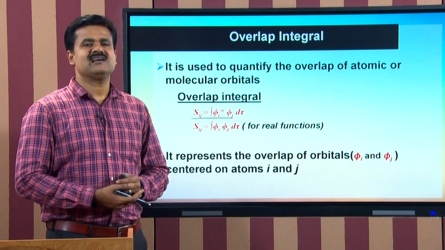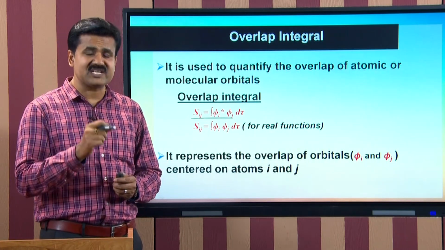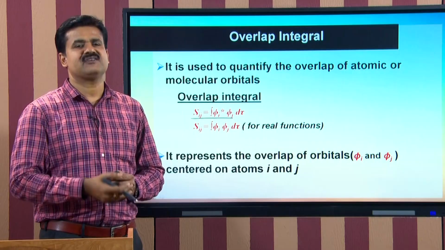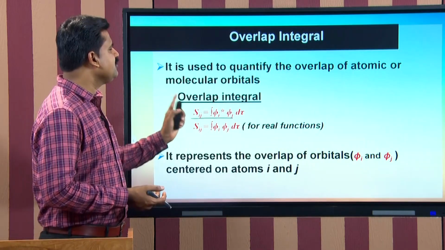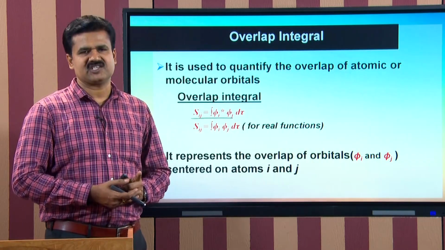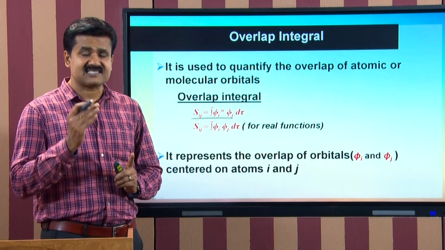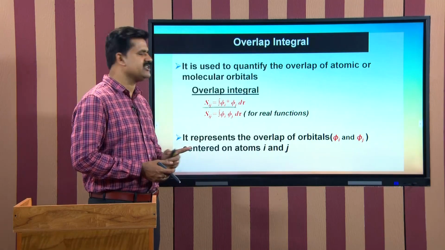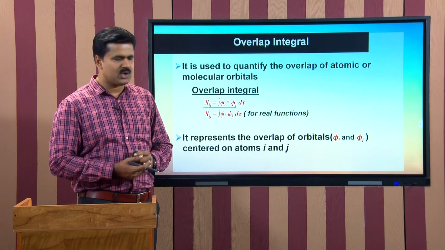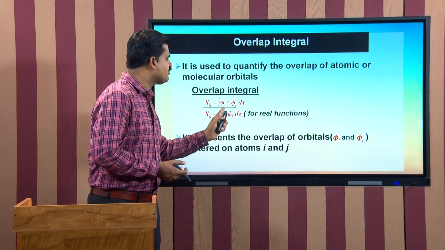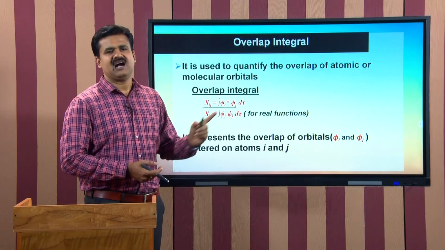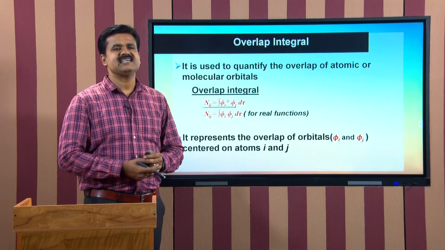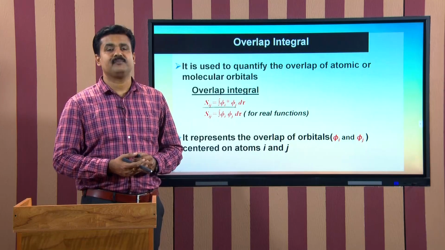Phi i star represents the complex conjugate of the wave function phi i, and if we are dealing with real functions, phi i star is same as phi i, therefore this equation can be changed to Sij equal to integral phi i phi j d tau, and this Sij is termed as overlap integral.